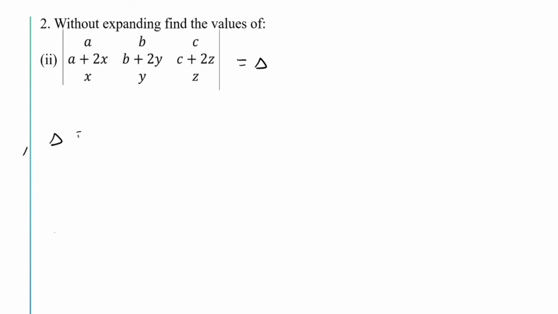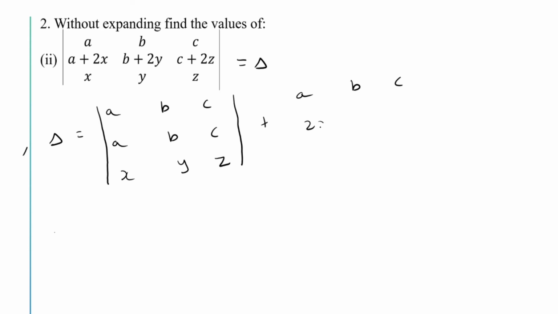So delta is equal to A, B, C, A, B, C, X, Y, Z plus A, B, C, 2x, 2y, 2z and X, Y, Z. Again, this is by property 5.